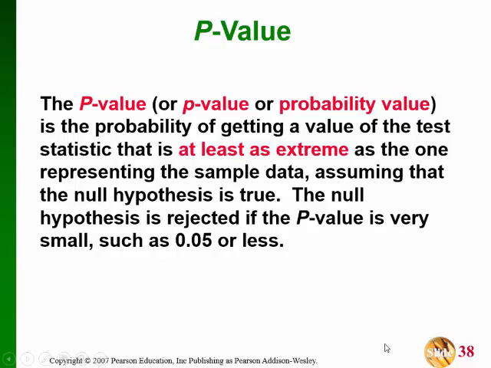But for us, the p-value is going to be important. The p-value here is defined to be the probability of getting the value of the test statistic at least as extreme as the one representing the sample data.